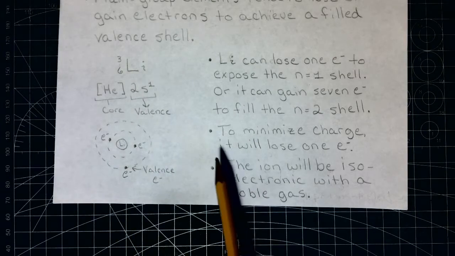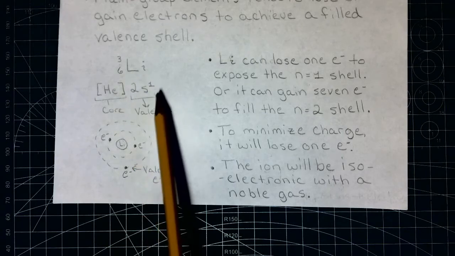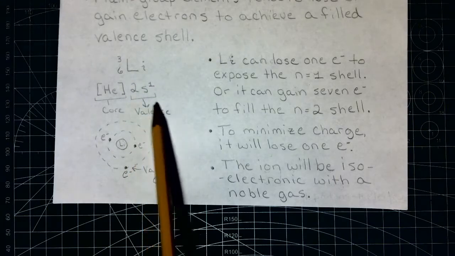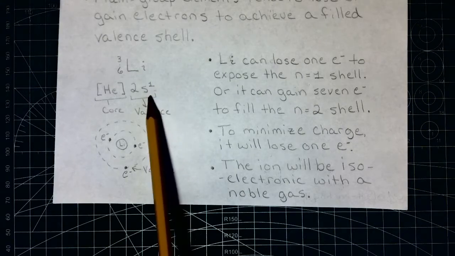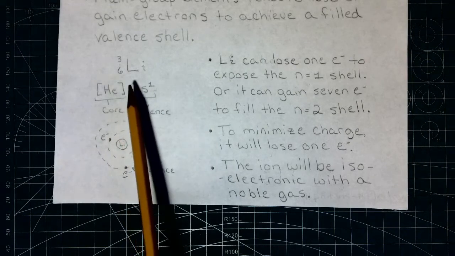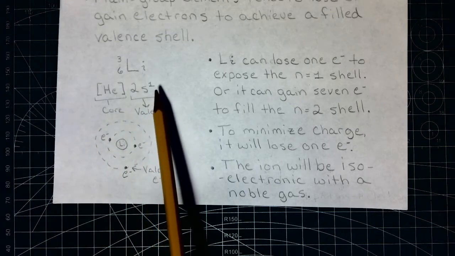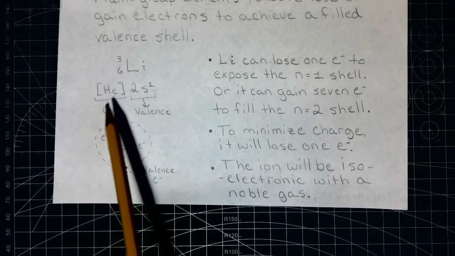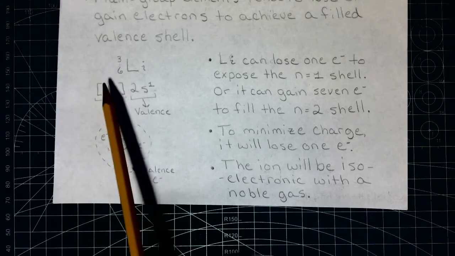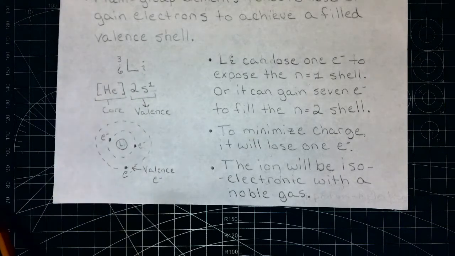So it wants to get a full valence, and it can do that one of two ways. It can add 7 more electrons to completely fill out this valence shell, in which case it would have a charge of -7, or it could just lose this 1 electron, and then it would be isoelectronic with helium and have a full valence shell.